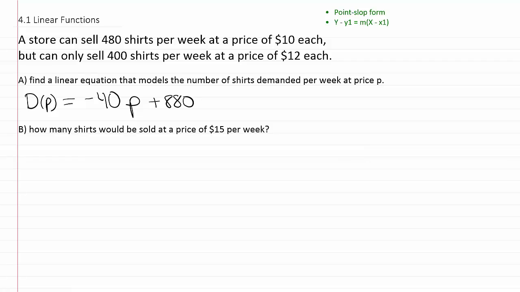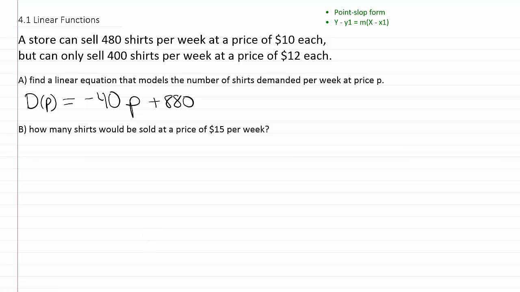I've written the equation as d of p, because it's a function of p, in other words, the number of shirts demanded at price p. For part B, it says how many shirts would be sold at a price of $15 per week. So basically, plug 15 into p, because p represents price.